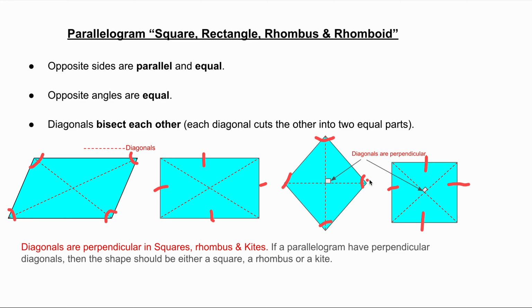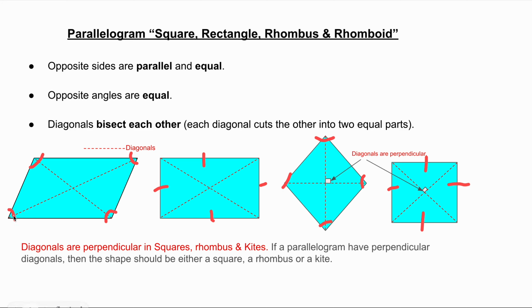The same here. As we can see, in a rhombus, the diagonals are perpendicular, forming 90 degrees. In a square, also the diagonals are perpendicular, forming 90 degrees. If a parallelogram has perpendicular diagonals, then the shape should be either a square, a rhombus, or a kite. Opposite angles are equal.